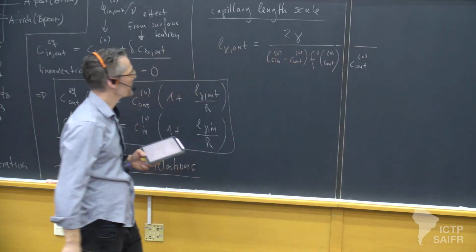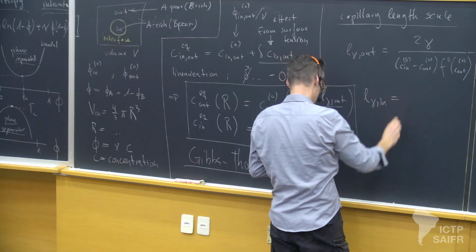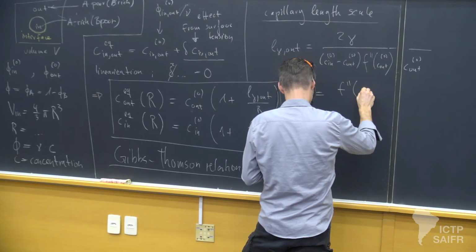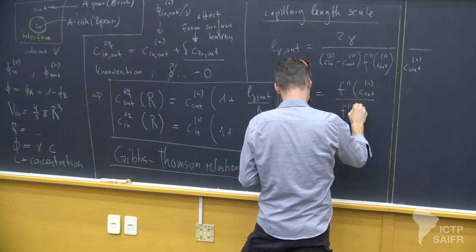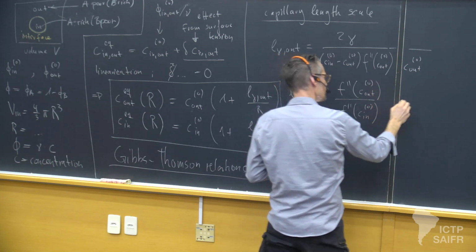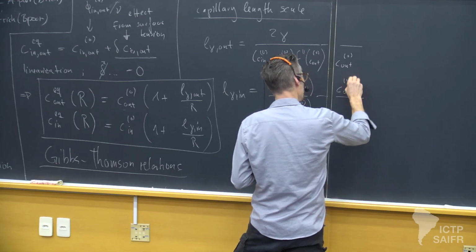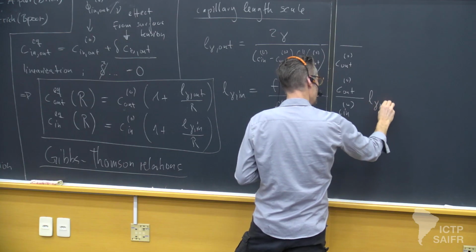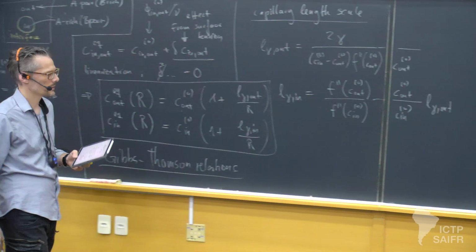So this is the capillary length scale outside that you obtain from the calculation, and you can also calculate it for the inside. And this here I express in multiples of the capillary length scale outside, the inside one.